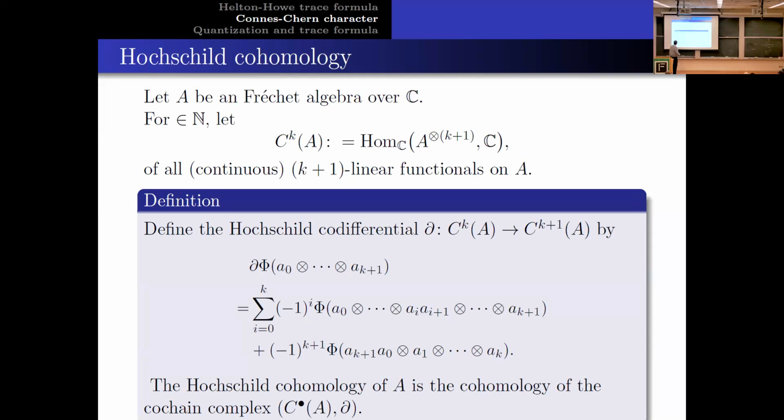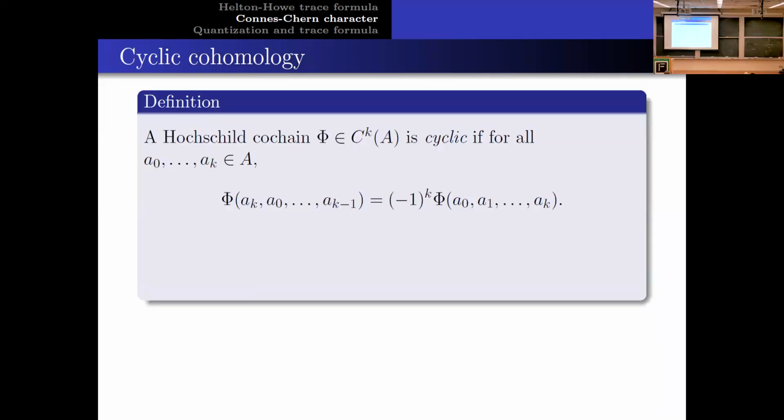Okay. So that's about Hochschild, and then the great discovery by Alain Connes is that we can introduce a very tiny restriction on the co-chains, and then it led us to more important topological information. So that's the second cohomology. We impose this condition on the cyclic permutations of the co-chains. If you look at the trace, we know trace of AB is equal to trace of BA, right?